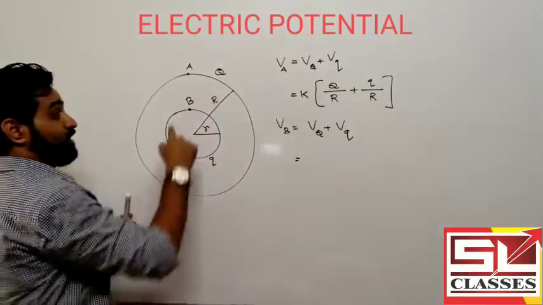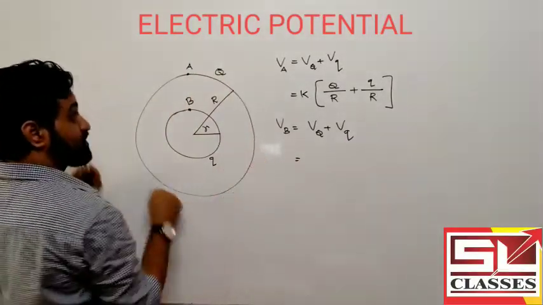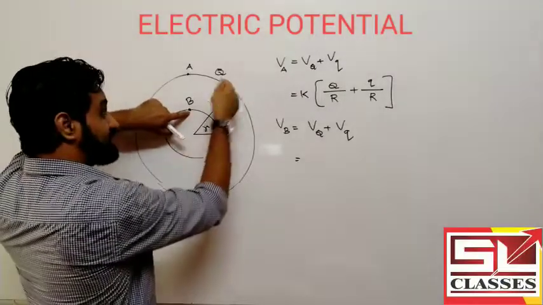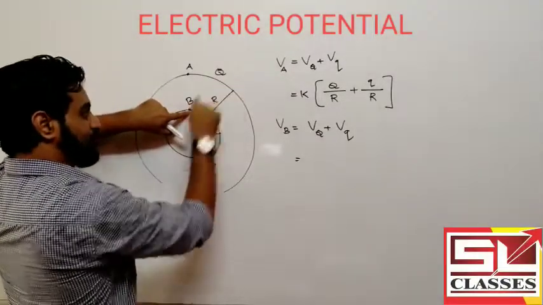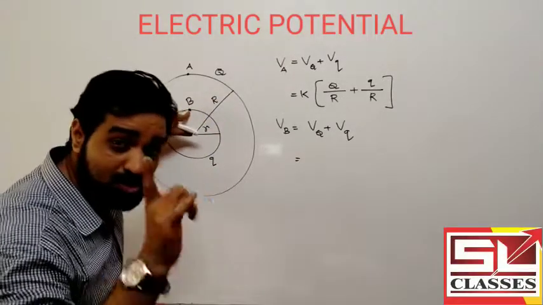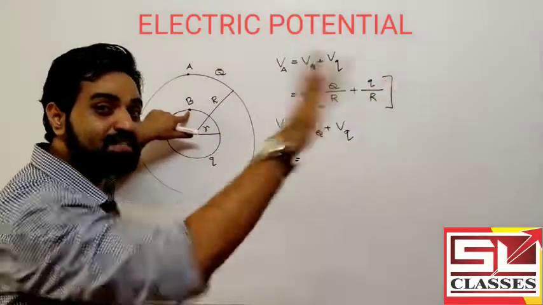Again, when we consider this capital Q charge, this point is inside of capital Q, right? But at any point inside, the potential will be the same as that at the surface.